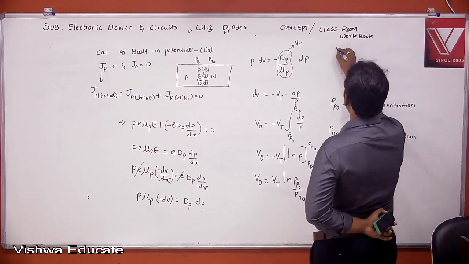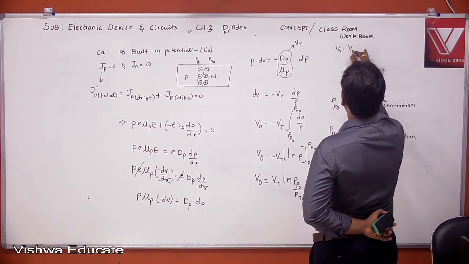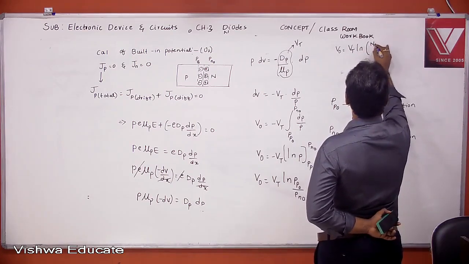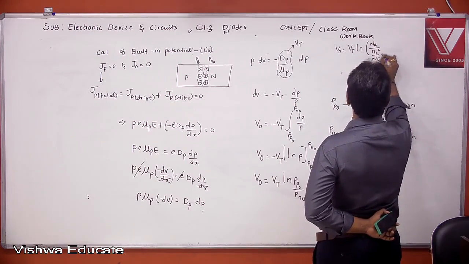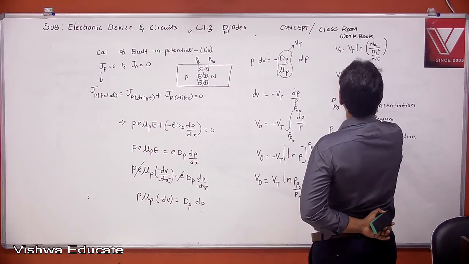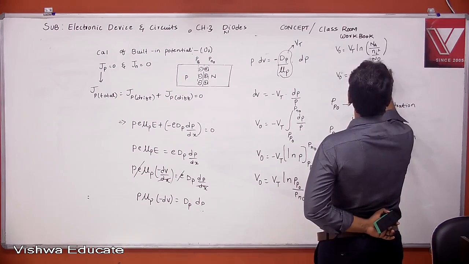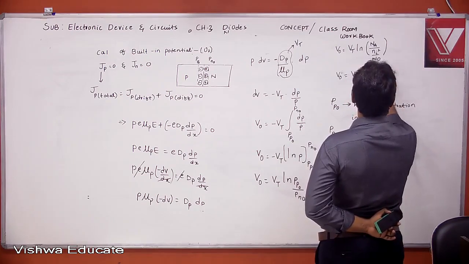Now what is the V0 here? V0 is nothing but Vt into Ln of Na by Ni square by Nd, which is equal to V0 equal to Vt into Ln of Na into Nd by Ni square.